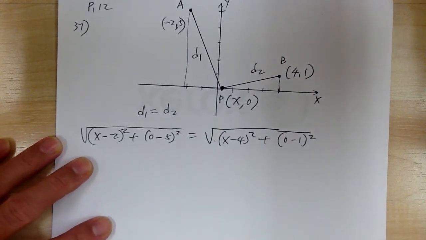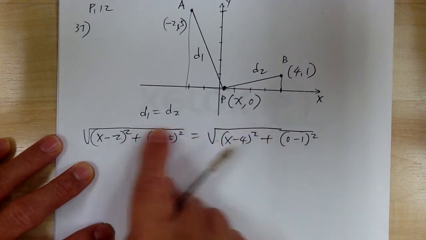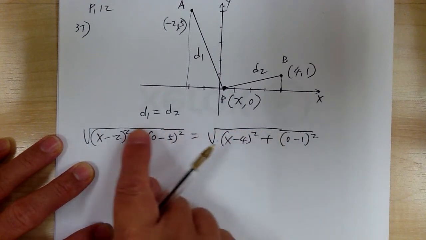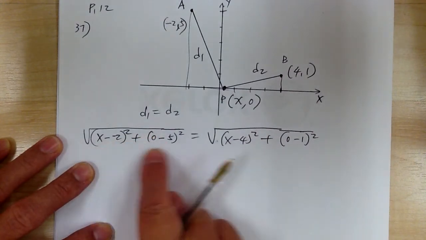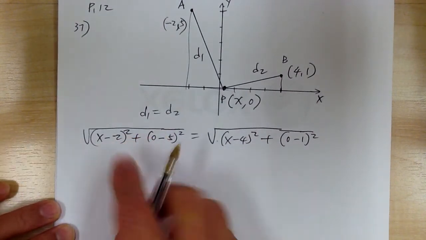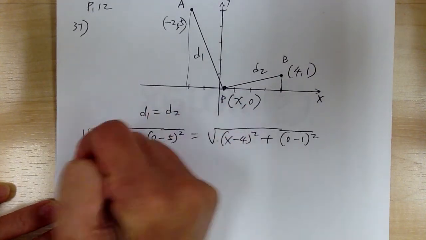Next, you want to simplify things a little bit and square both sides to get rid of the square root.